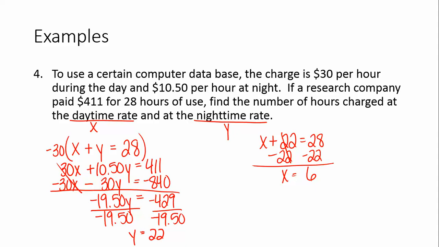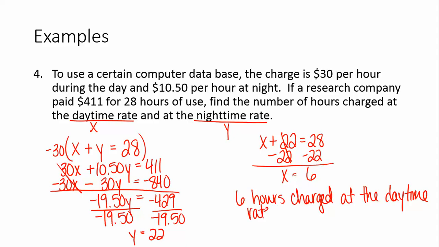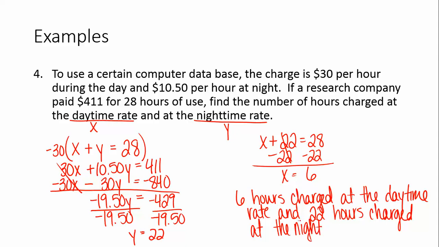So the number of hours charged at the daytime rate, 6 hours charged at the daytime rate and 22 hours charged at the nighttime rate. And that answers the question.